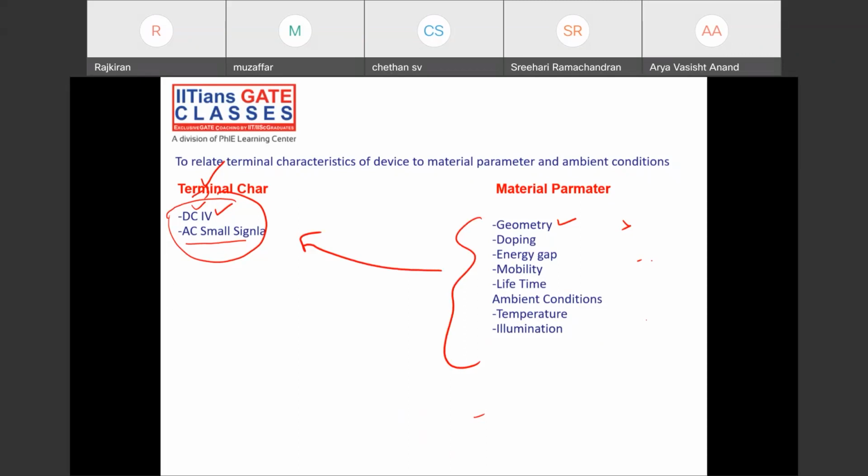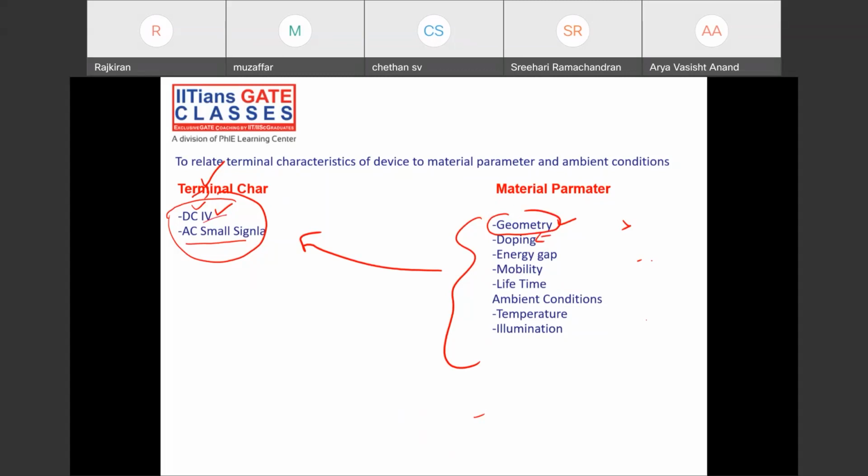It's very good that you have pointed out. So what I want is how the geometry of a device is affecting the current-voltage characteristic. Clear, guys? Suppose you take a big transistor or big diode, how is the geometry affecting my current? Doping means intentionally adding impurity to a semiconductor.